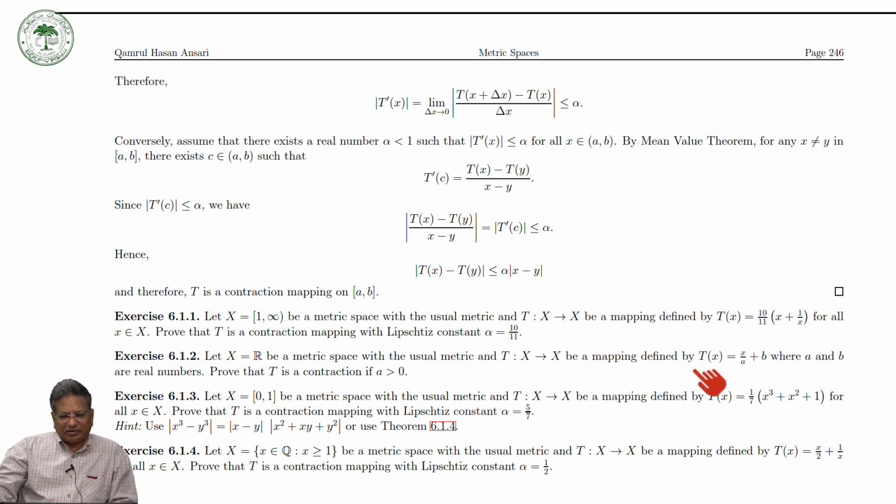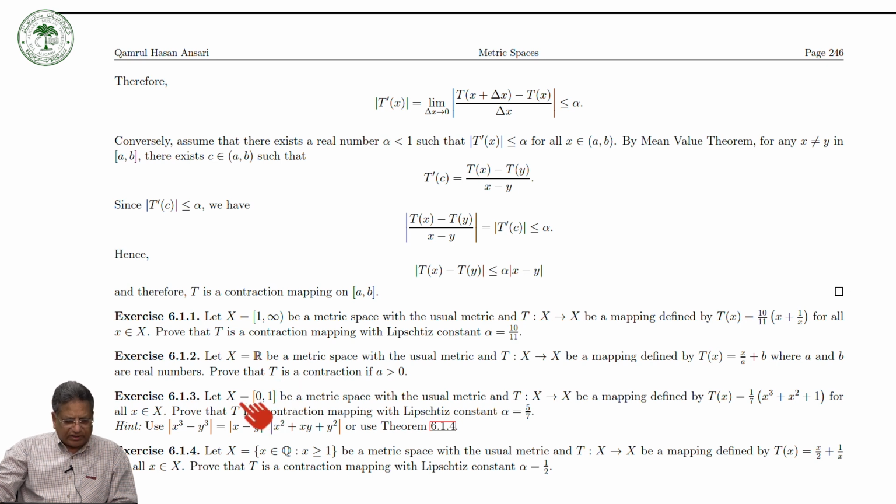Just take mod of T of x minus T of y, equal to mod of x upon a plus b minus y upon a plus b. So this cancels out and you will see that if a is greater than 0, then T is a contraction. It is very simple, not a very difficult task.